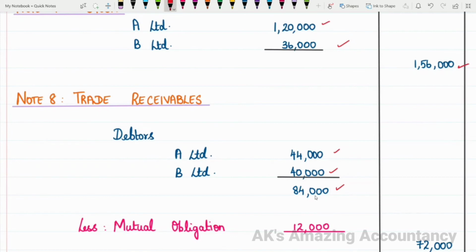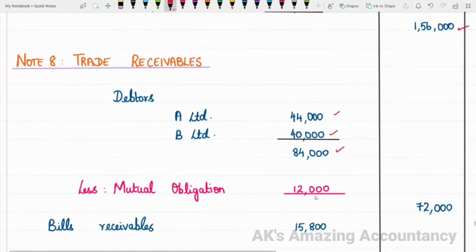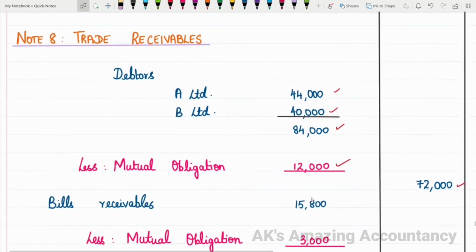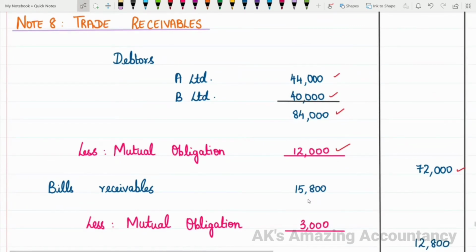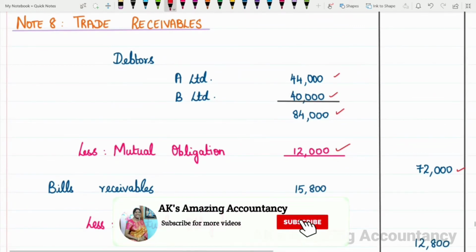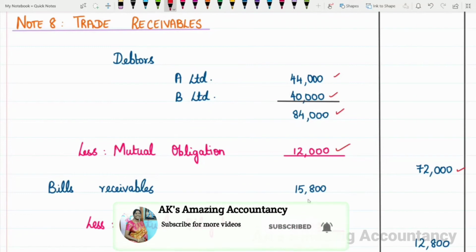There is mutual obligation. I told you, while deducting it from creditors, I said the same amount will have to be deducted from debtors. So 12,000 will be deducted now from 84,000, which will give you 72,000. Likewise, we have bills receivable 15,800 given. We have a mutual obligation of 3,000. Remember, we deducted 3,000 from bills payable earlier when we treated the liabilities.